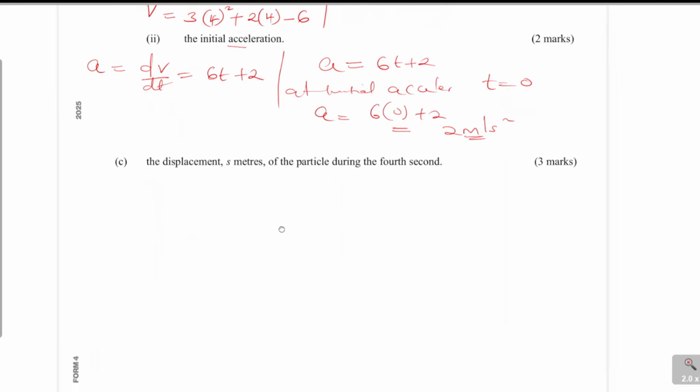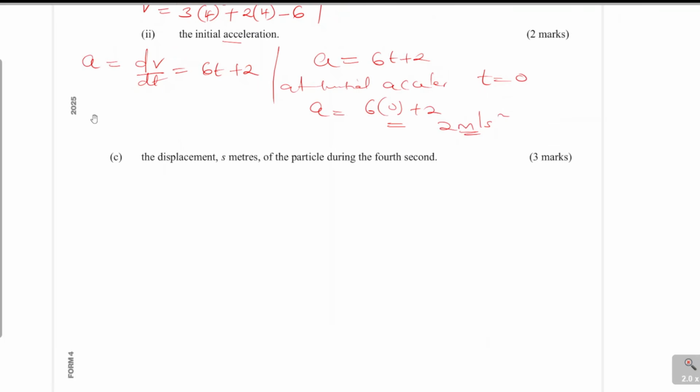We go to the last part, the displacement s meters of the particle during the 4th second. During the 4th second means from the 3rd second to the 4th second. That is what we mean by during the 4th second. So take the expression for displacement.